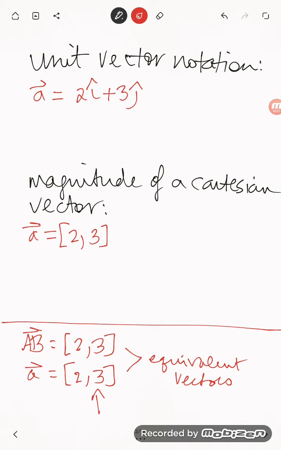To find its magnitude, and again you would have discovered this in part A of the gizmo, we basically use the Pythagorean theorem, because this vector A, if it starts at the origin or wherever it starts, okay, let me fix that. That's ridiculous. You can't have a squiggly line vector. Let's try that again.